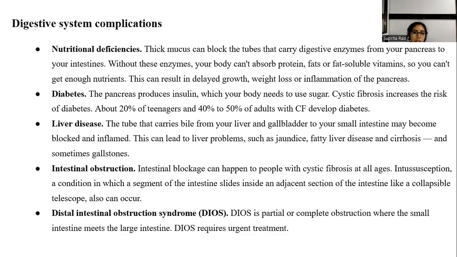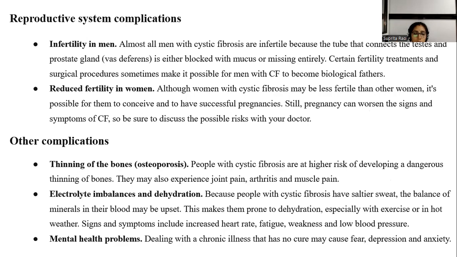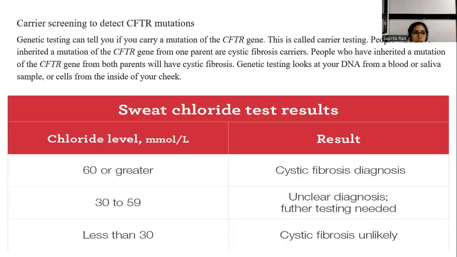Then diabetes, liver disease, and intestinal obstruction are the other complications. It can also affect the reproductive system, so both males and females can be affected. Other complications are osteoporosis, dehydration, and mental health problems.